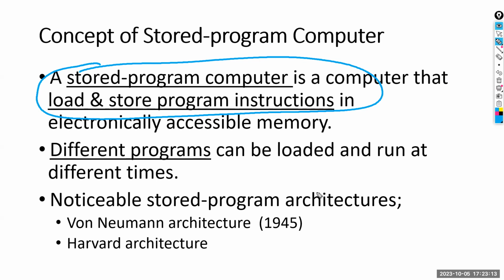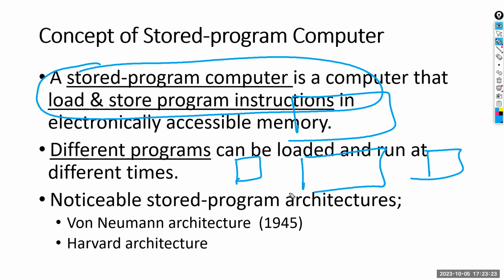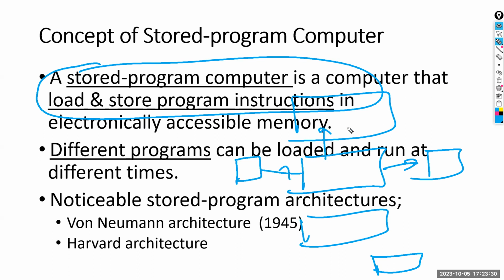So remember, a week before, we discussed input devices, output devices, the processor, storage, secondary storage, tertiary storage, and these are interconnected. This is called the modern architecture, and we call this the von Neumann architecture, or the stored program architecture.